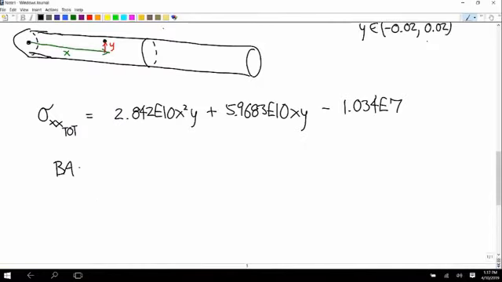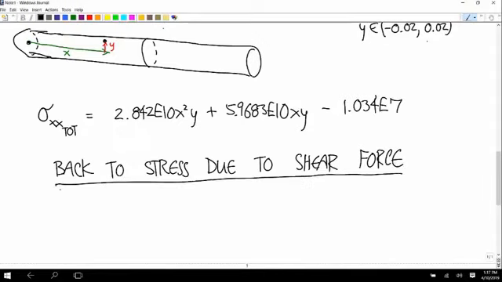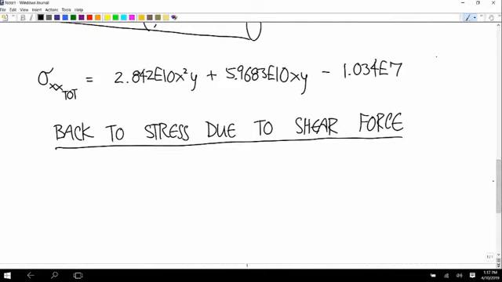Okay, so back to the stress due to shear force. What I said was it's going to be a shear stress, the XY element.